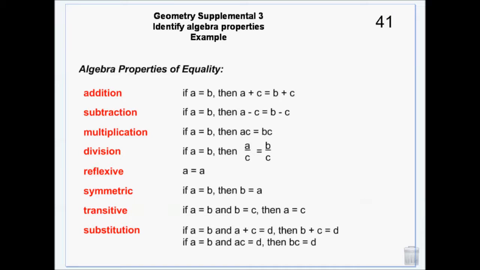The properties of equality tell me if A equals B, then I can add the same thing to both sides. So if x minus 3 equals 5, I can add 3 to both sides, and x will equal 8.